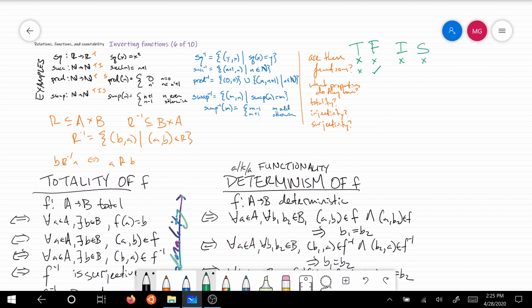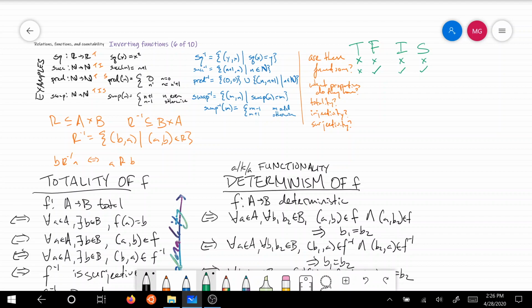So in this case, the answer is yes. Will successor inverse be injective? Are there two numbers that get you to the same answer? No, right? There's a unique predecessor, but it is a partial function. Will the result be surjective? Again, the answer is yes. Every number has a number that's one greater than it. So we get a partial function out that happens to be injective and surjective.